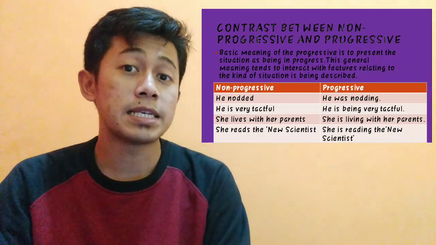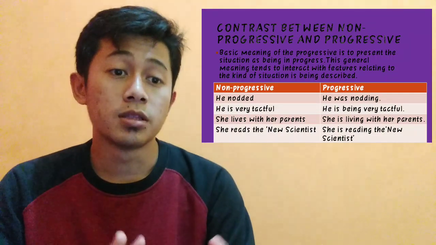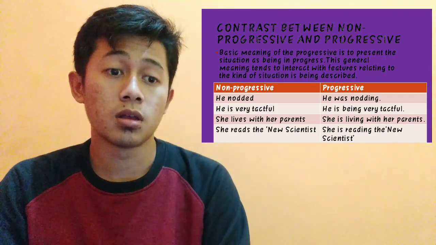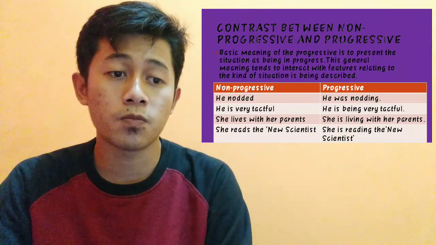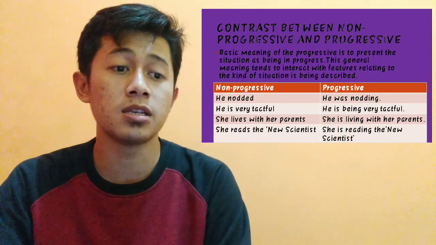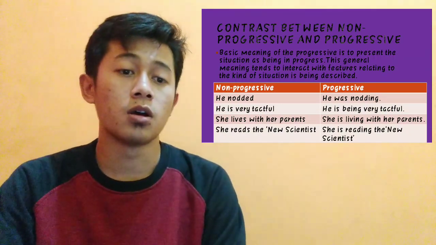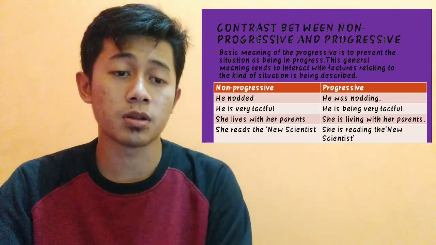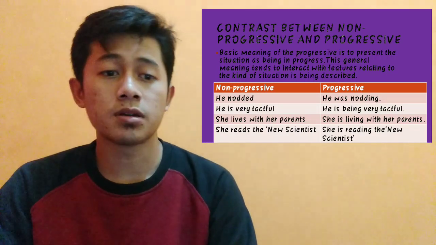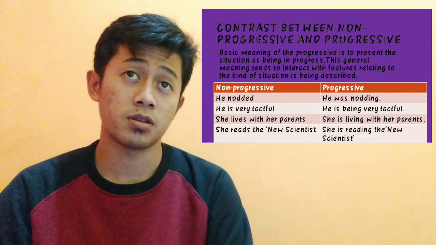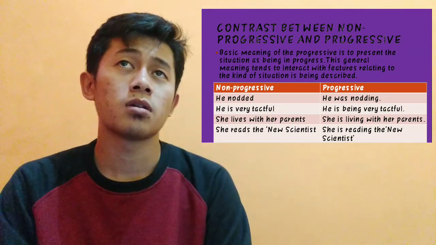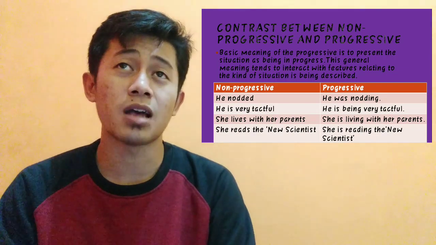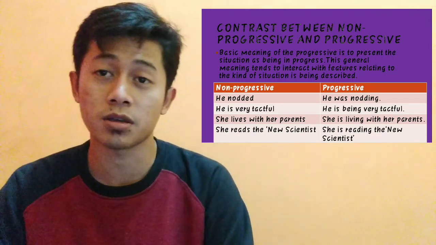Okay, the last example is the non-progressive she reads the New Scientist, and the progressive she is reading the New Scientist. From this example, non-progressive she reads the New Scientist. This sentence is static. I mean maybe this is habitual for the subject.